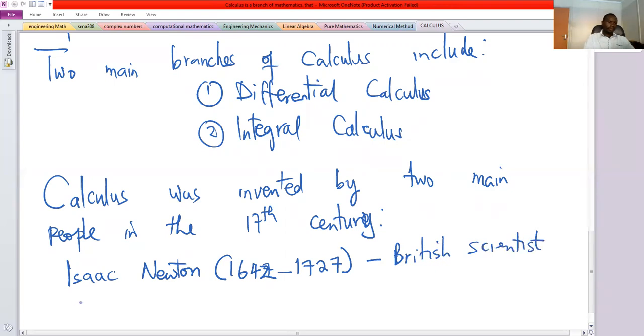And then we have Gottfried Leibniz, from 1646 to 1716.